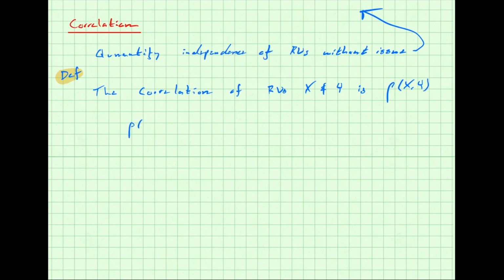So rho of x comma y is equal to the covariance divided by the square root of the variance of x times the variance of y.